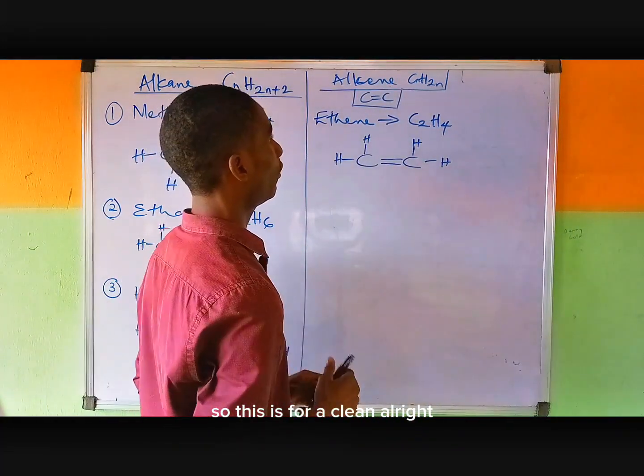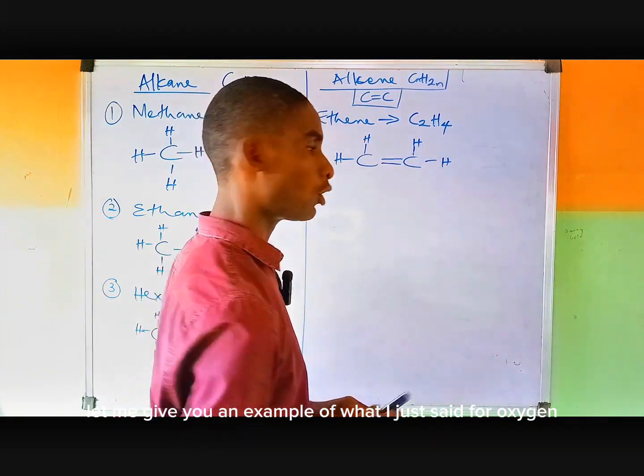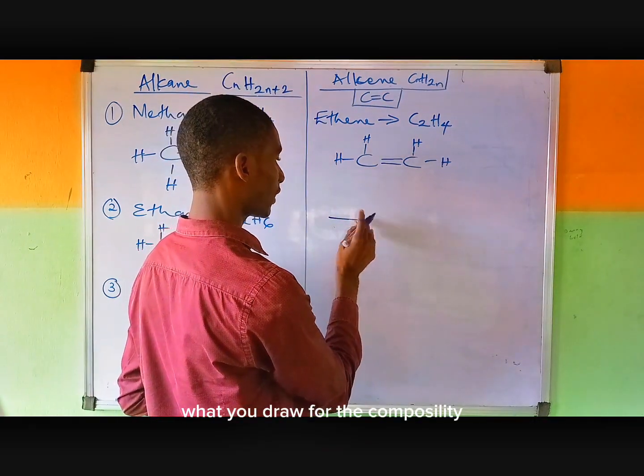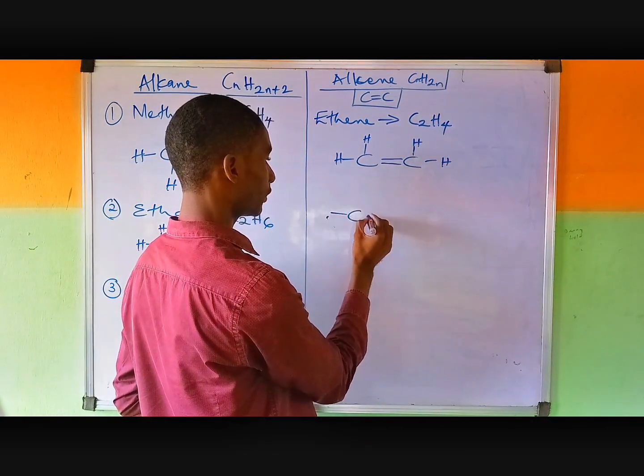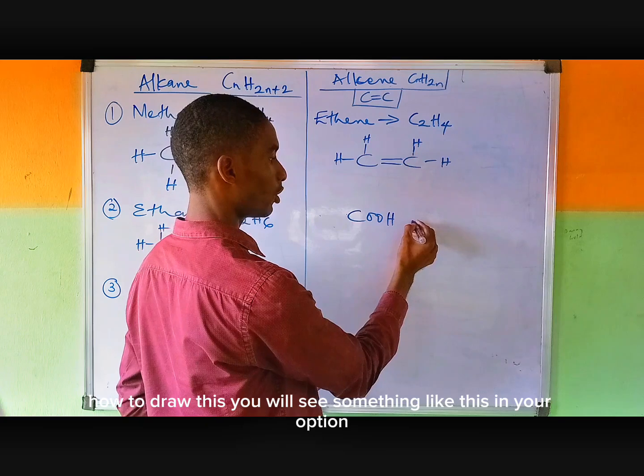So this is for ethane. Alright, let me give you an example of what I just said for oxygen. If you want to draw the carboxylic group, COOH, you will see something like this in your options.